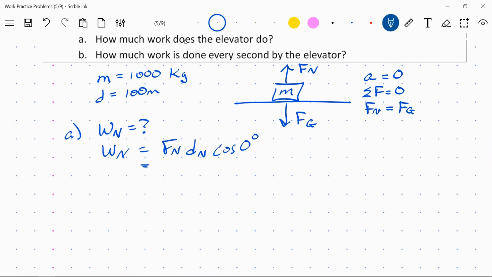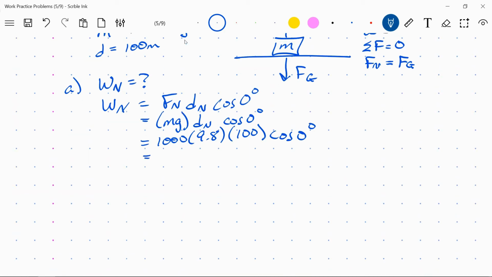The normal force is, as described before, the same size as the force of gravity. I'm just going to sub in an mg, times the distance, times the cosine of 0 degrees, which is equal to 1,000 times 9.8 times the distance of 100, cosine of 0 degrees.